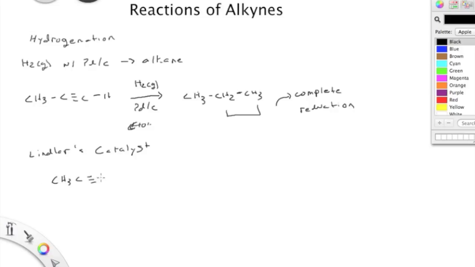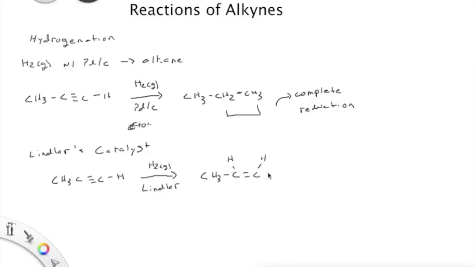So here is our alkyne, and you're just going to write H2 gas and Lindlar. And we notice here in this case that we end up getting a cis alkene, as both of the hydrogens now are going to add on the same face.